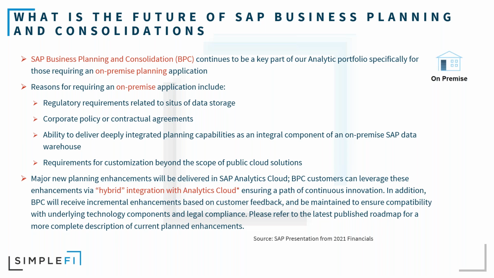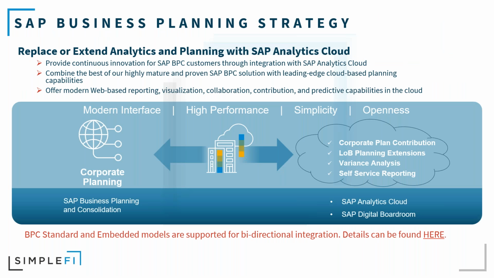If I move to the next slide, one of the ways I've worked with some of my clients is creating a hybrid approach. Just to throw out a couple of different examples: a company that is using BPC for planning and consolidations is not yet interested in looking at group reporting, or S4 really isn't on the near horizon.